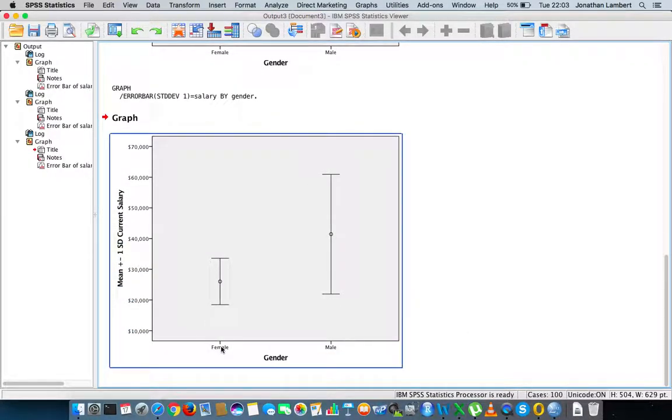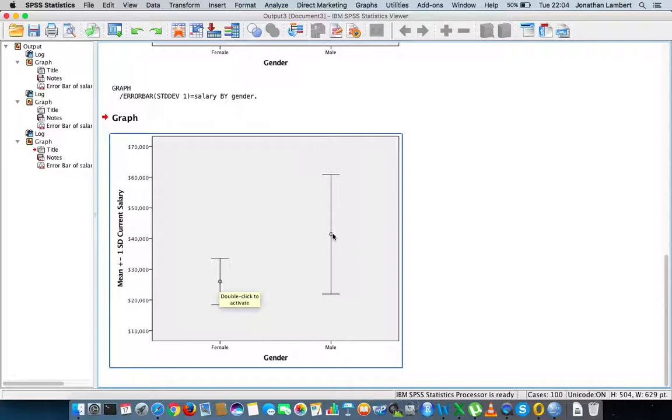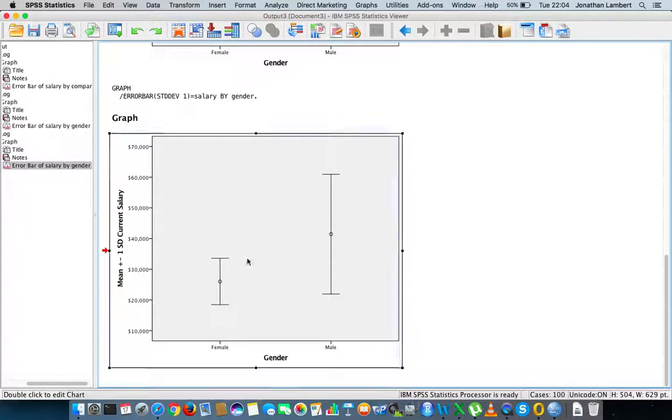Once again, in the female situation, you can see that one standard deviation above and below is quite small relative to the male distribution. What this would suggest to us is that the female distribution is quite slender compared to the male distribution, which is quite broader. But the interpretation is the same.